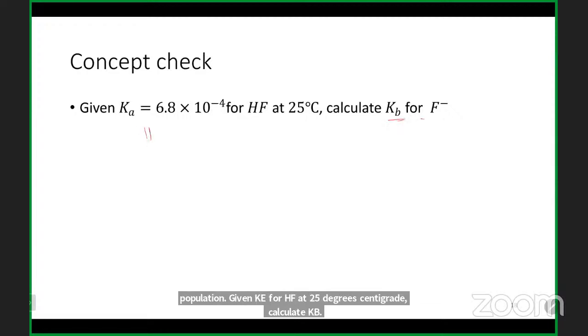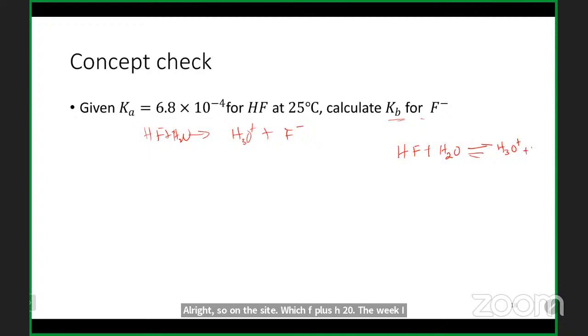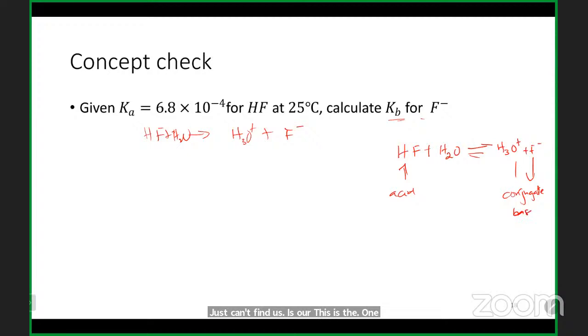We know that HF plus H2O is a weak acid, giving H3O plus and F minus. This is our acid, and this is the conjugate base. So this is straightforward.